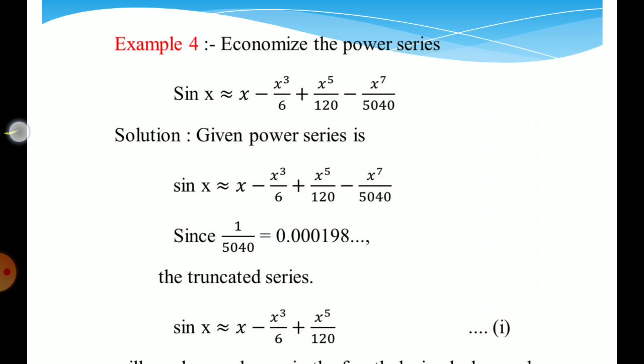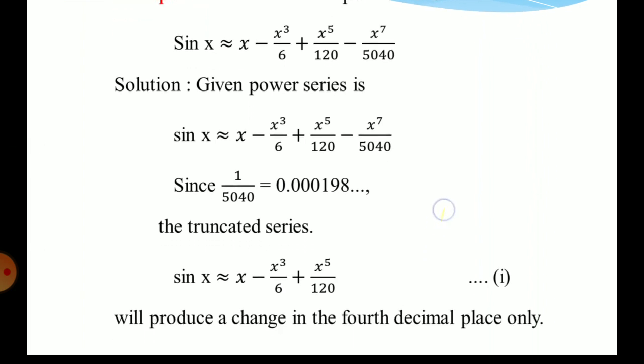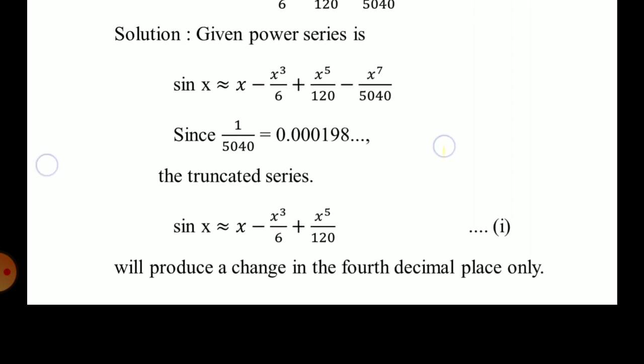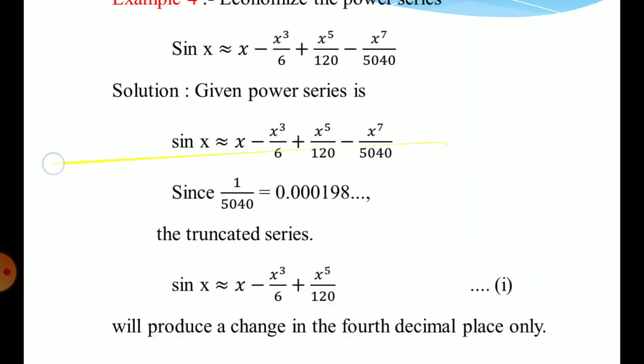We have eliminated this and we get a new truncated series, which is given by sin x is equivalent to x minus x cube upon 6 plus x raised to 5 upon 120. This truncated series given by this first equation will produce a change in fourth decimal places only.